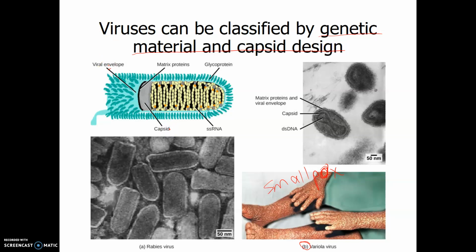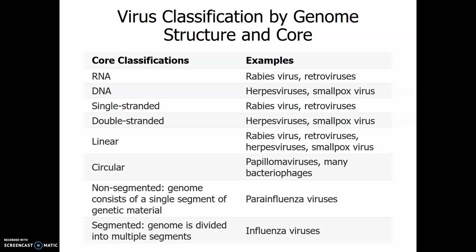It's an enveloped virus containing single-stranded RNA, and that's how it's classified. And then the variola virus, which causes smallpox, also contains an envelope and a capsid, but its genetic material is double-stranded DNA. So that's how it's classified. It contains an envelope and it contains double-stranded DNA.